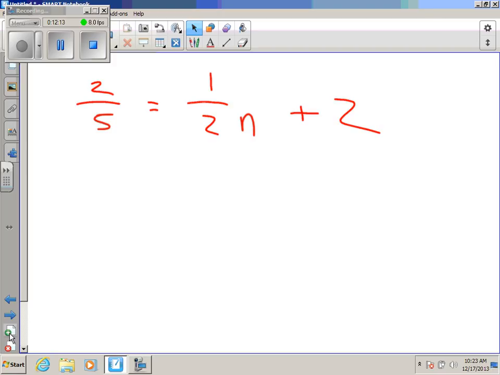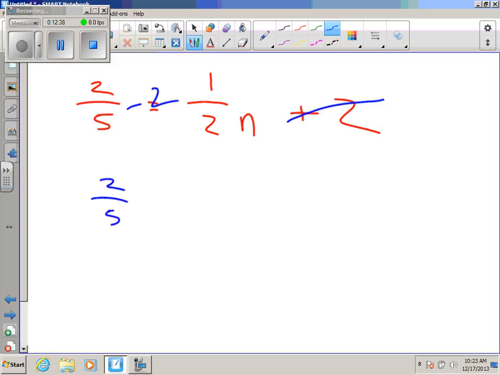The opposite of addition, which happens to be subtraction. So we will subtract 2 from both sides. It doesn't mean you put the 2 when you subtract the 2/5. You have to subtract 2. So what you're working with is that.